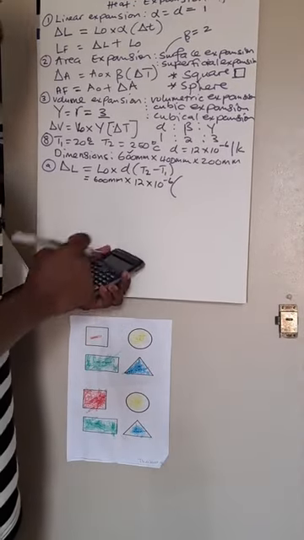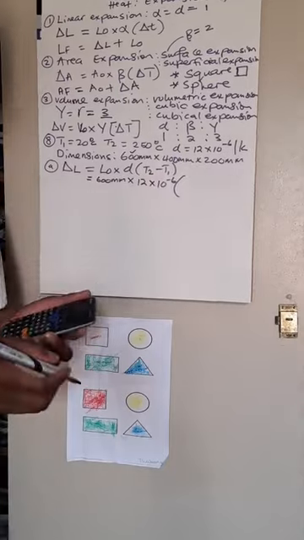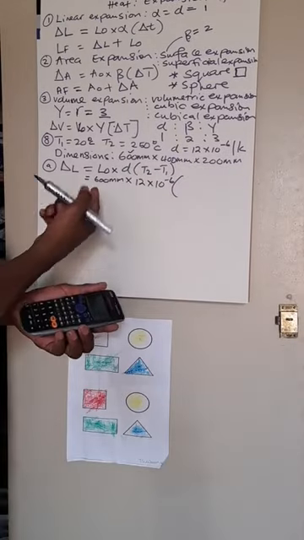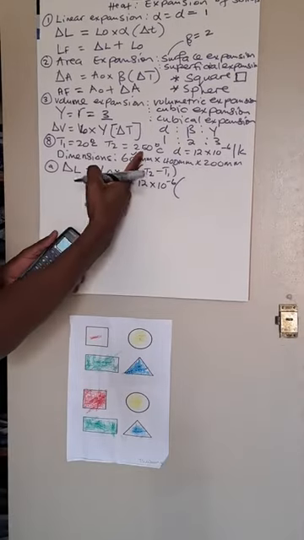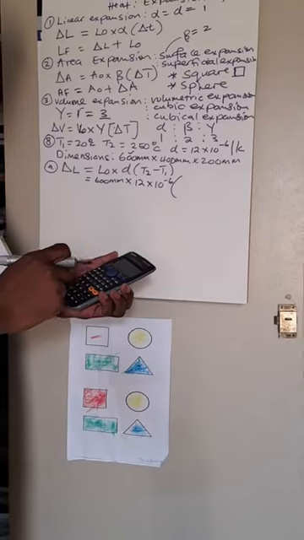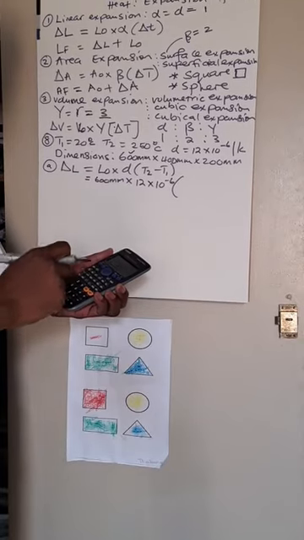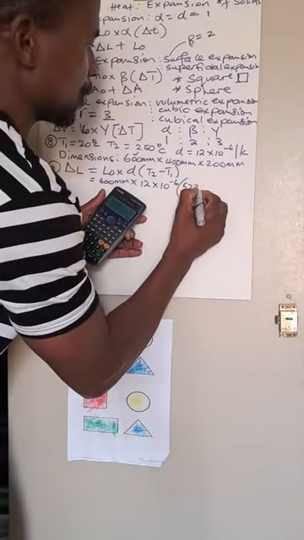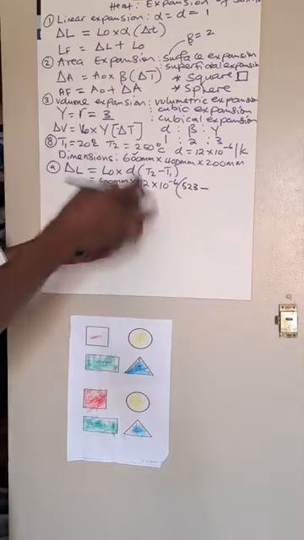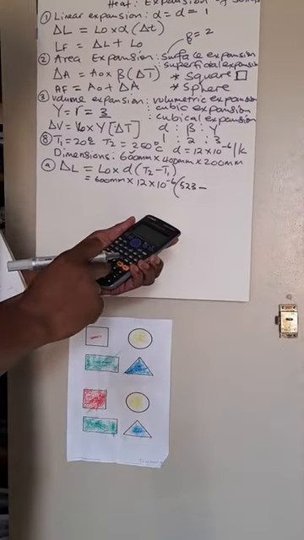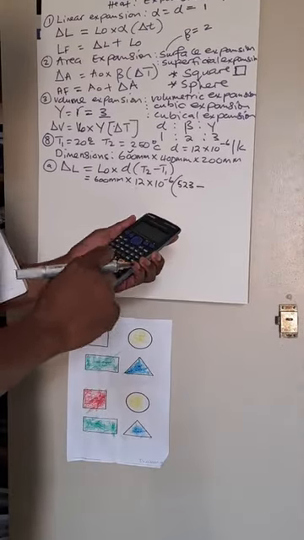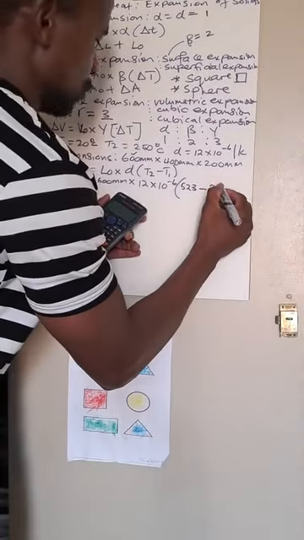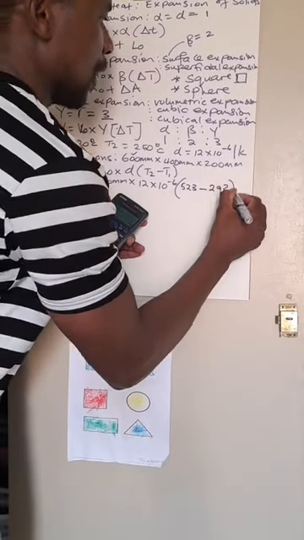250 minus, but for those who want to change to Kelvin, there's no problem. If you want to change to Kelvin, we say 250 plus 273, we are getting 523 Kelvin, minus 20 degrees Celsius plus 273, we are getting 293 Kelvin.